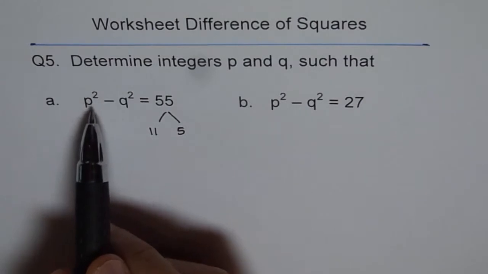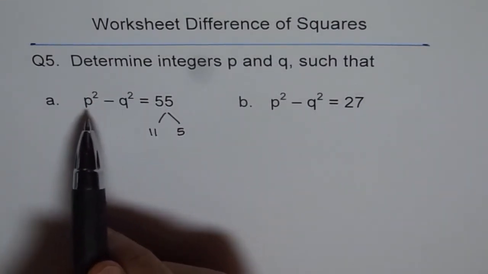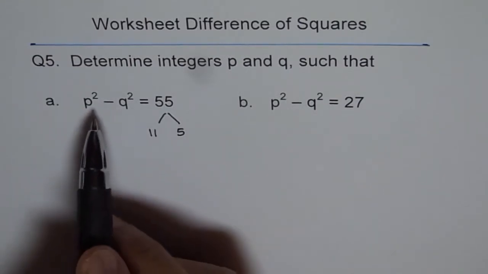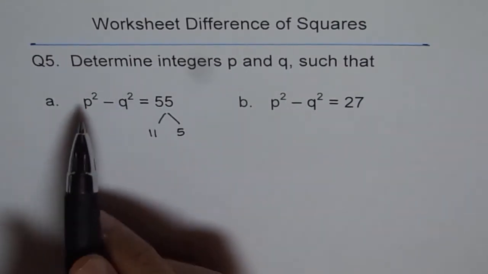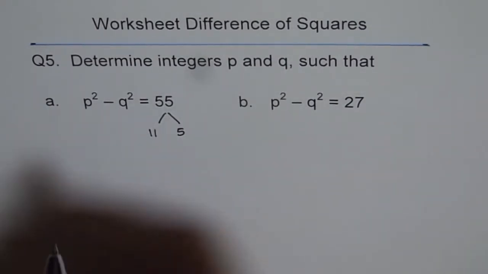And if you see p square minus q square, it is a difference of squares. So that could be factored as p plus q times p minus q, right? So let's do that part also.